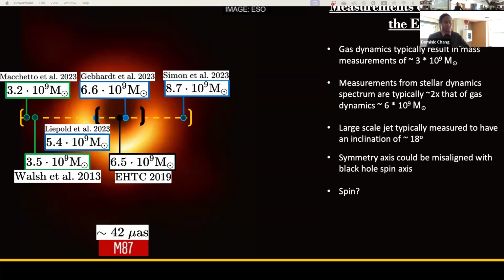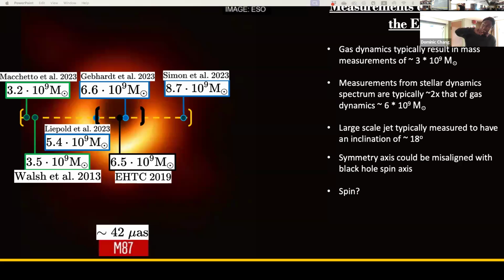They both tend to look at the spectra coming in from the bulge region of the galaxy that's within the sphere of influence of the supermassive black hole, and typically they model the spectra due to the contribution from dynamics from either stellar dynamics or gas dynamics.